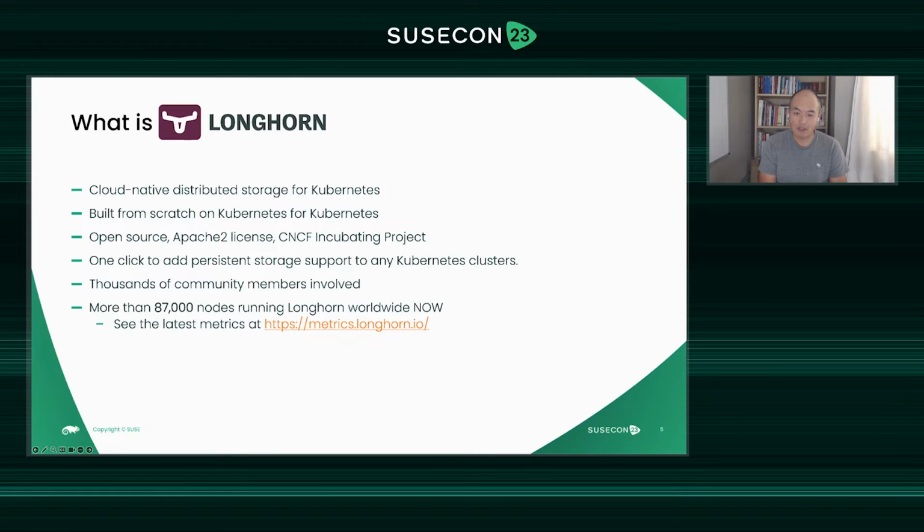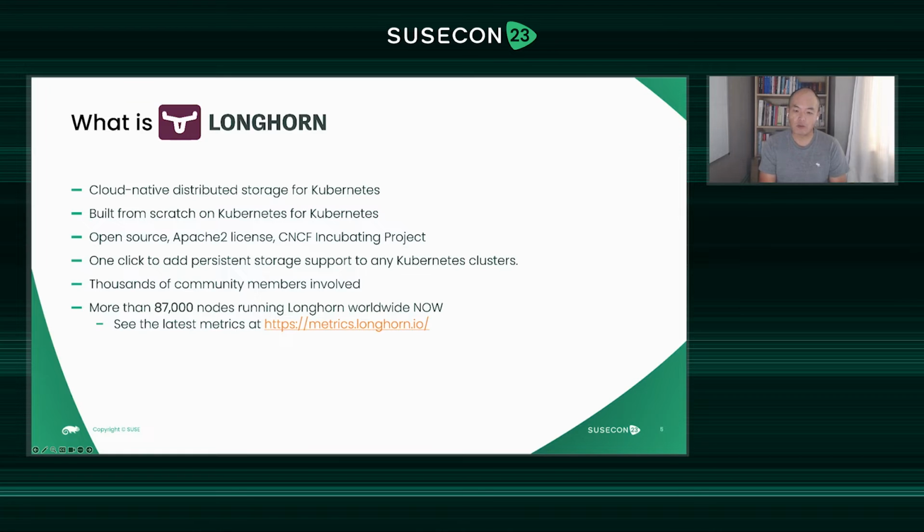That means Longhorn can be deployed in a hyperconverged way in your Kubernetes clusters to run alongside your Kubernetes workload. And it can be run anywhere, whether it's a data center, an edge location, or a cloud location. As long as you can run Kubernetes, you should be able to run Longhorn.